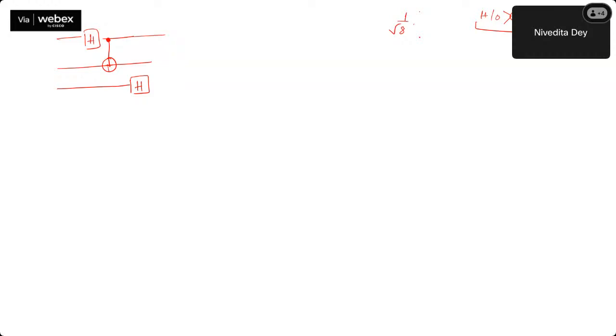So it's 1 by root over 8 times 000 through 111. Now it can be anything. So let me just draw it in this way.